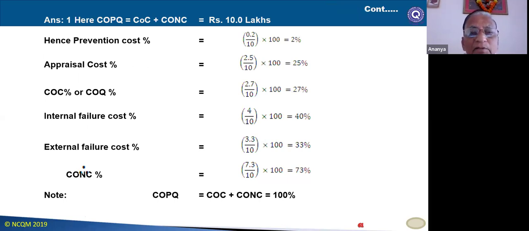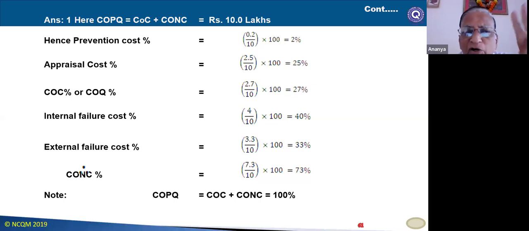See what prevention cost कितना था, 0.2 lakhs था, divided by 10 was my cost, 100 into 2%. Appraisal cost was 25%. The idea is that normally you have to increase prevention cost initially. Once you prevent something by proper training, by proper calibration, your appraisal costs keep on reducing.